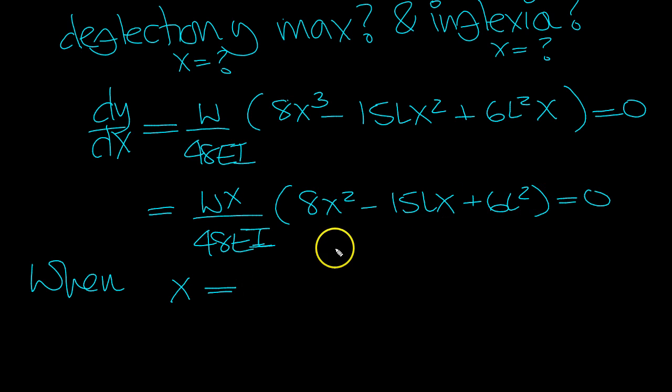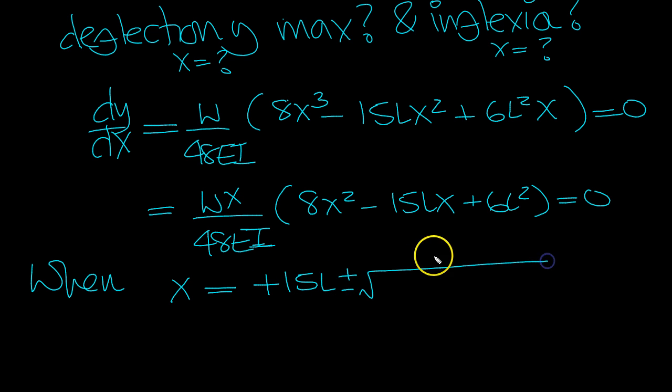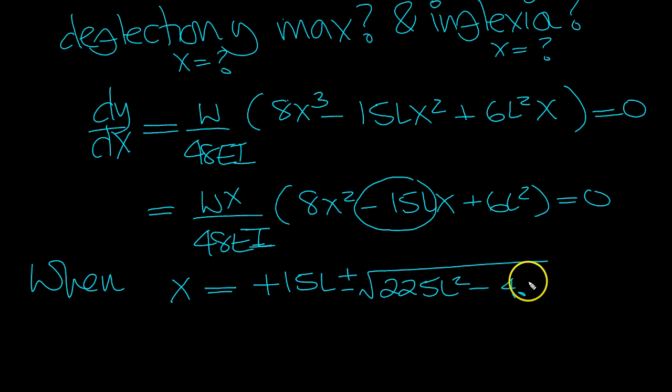It equals 0 when x is minus b, so that would be plus 15l plus or minus the square root of b squared. Minus 15l is b, isn't it? So that would be 225l squared minus 4 times 8 times 6l squared, all over 2 lots of a, which is over 16.